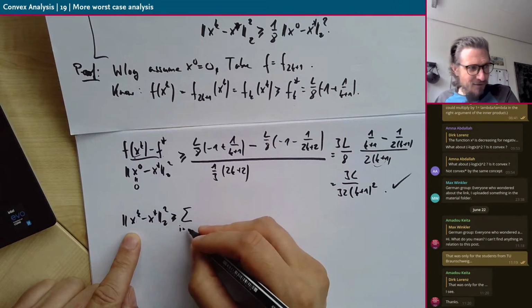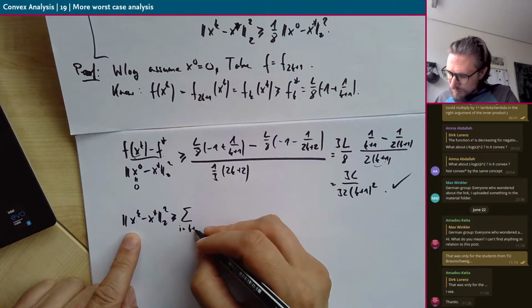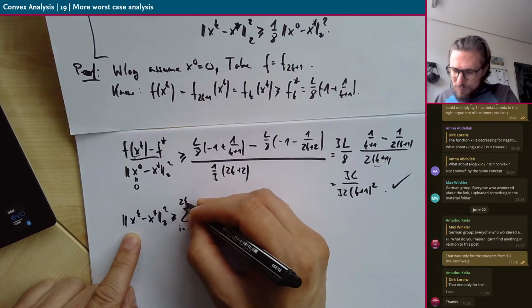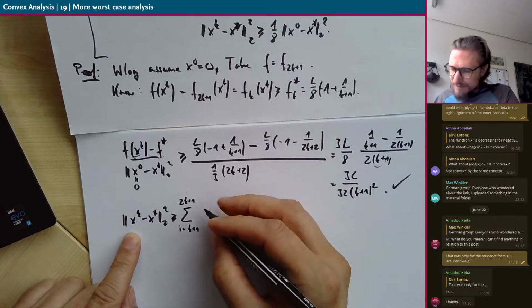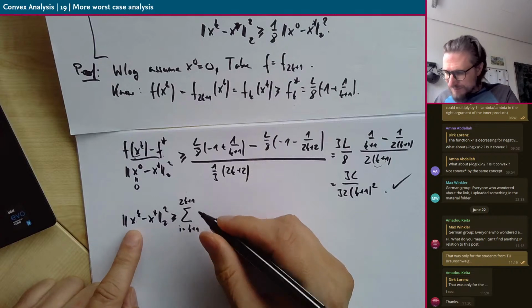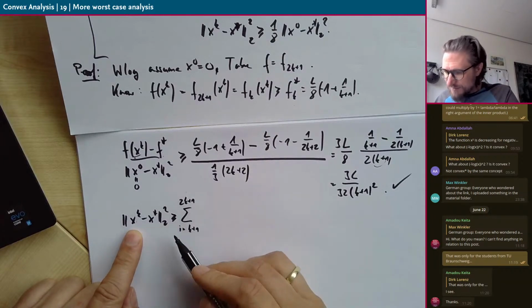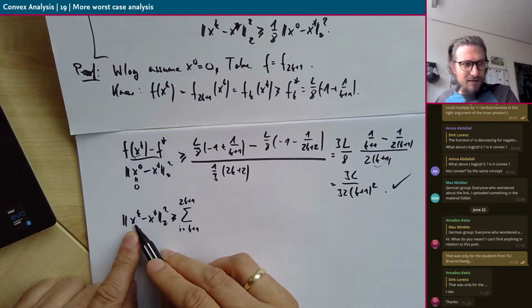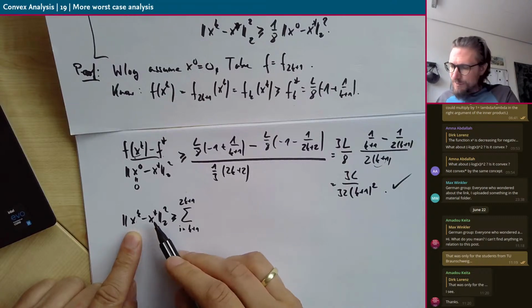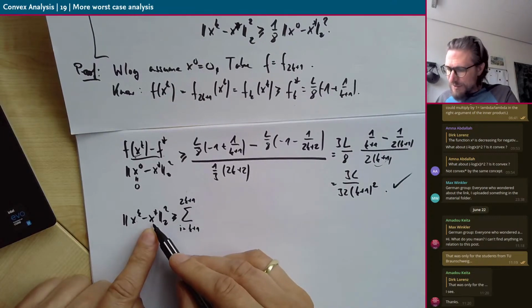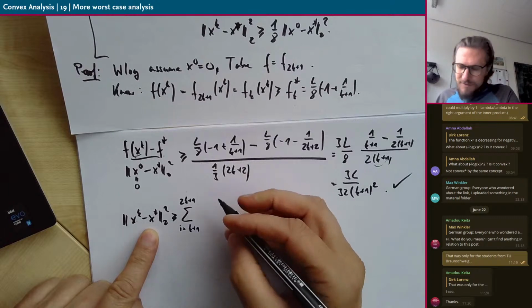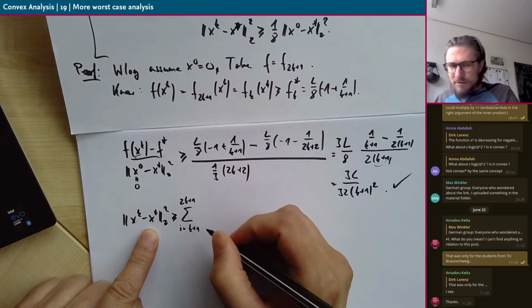The squares of the last ones start from k plus 1 and go up to 2k plus 1. For these entries, xk doesn't have 0 as an entry, so what we have to write down here is only the entries of x star.